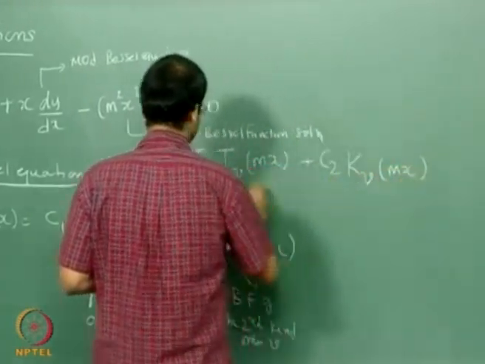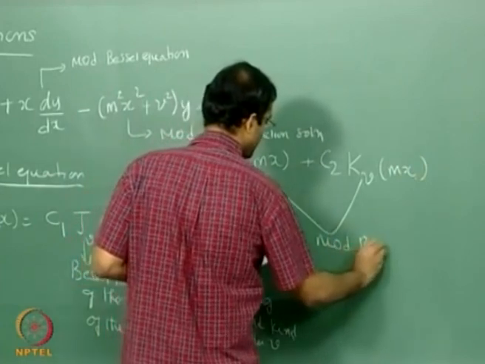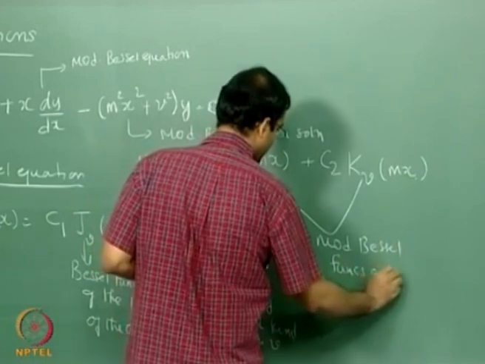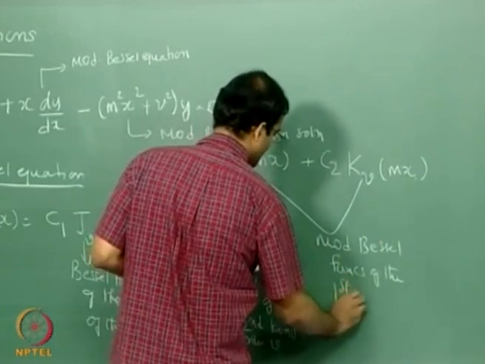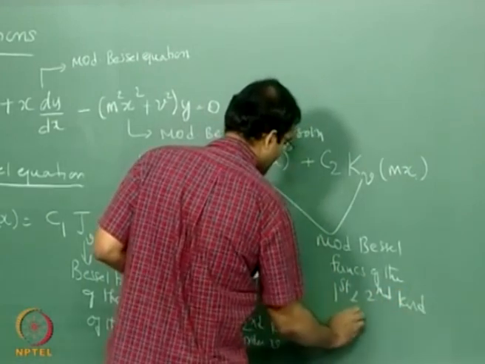Okay, so these are your modified Bessel functions of the first and second kind, and of the order nu.